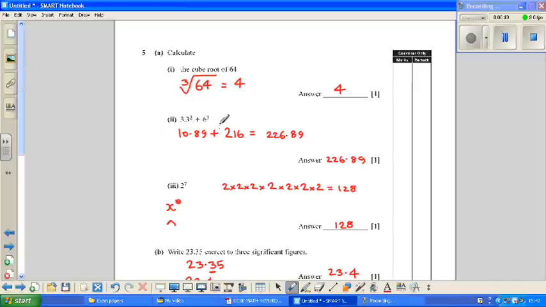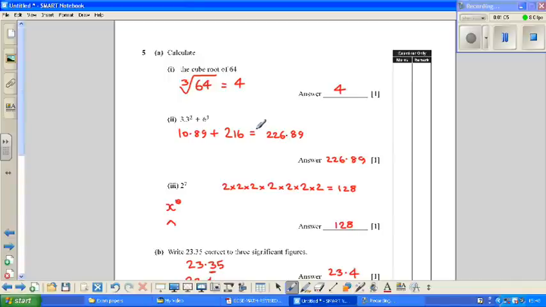Next one, 3.3 squared plus 6 cubed, or 6 to the power of 3. So again, you've got a special square key on your calculator. It's usually got x squared on it. So all you have to do is put in 3.3, press the x squared button, and you get the answer 10.89. And then 6 cubed, you may have a special cubed button on it.